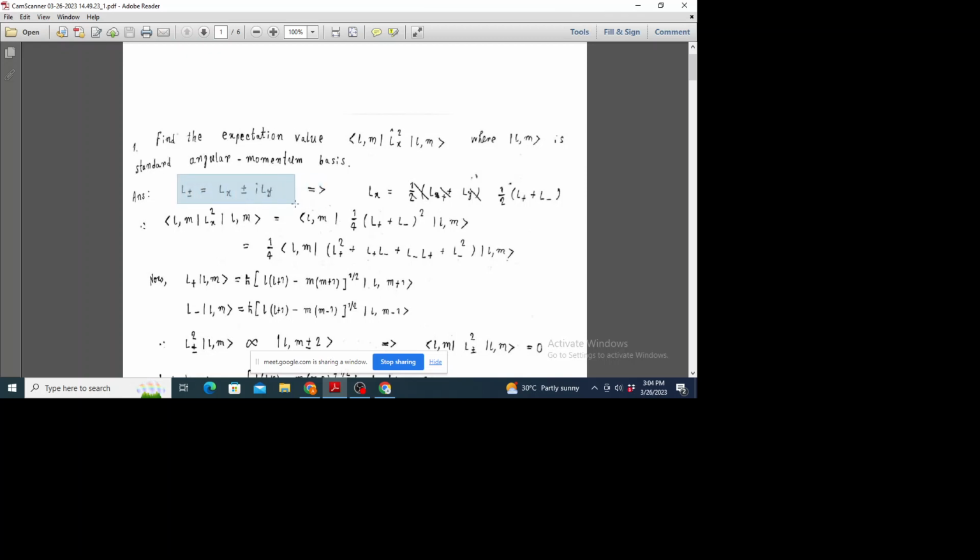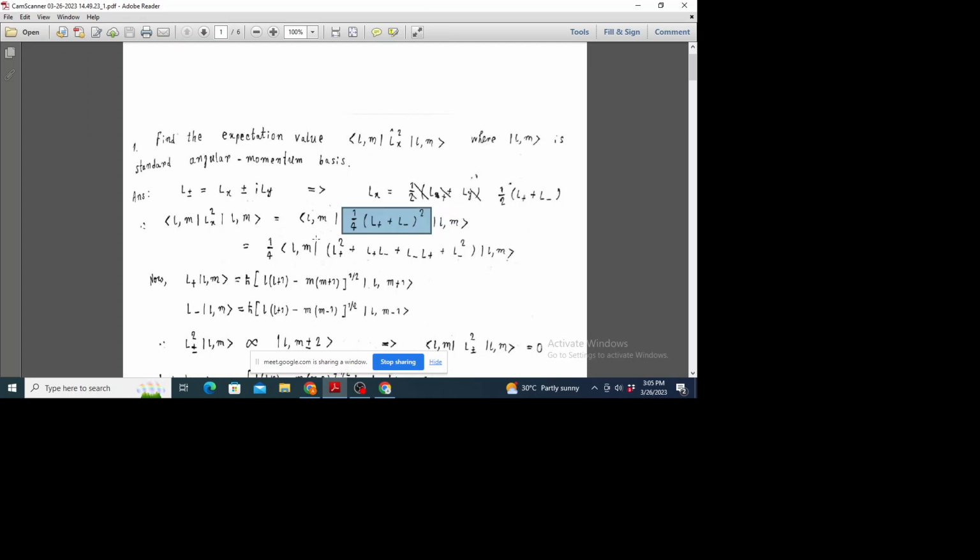We know this relation: these are the ladder operators in terms of Lx and Ly. Of course, Lx can be expressed like this: just add these two and divide by 2. So Lx is half of (L plus + L minus). Now let us square this Lx and we can easily find the answer. Lx squared will then give you this.